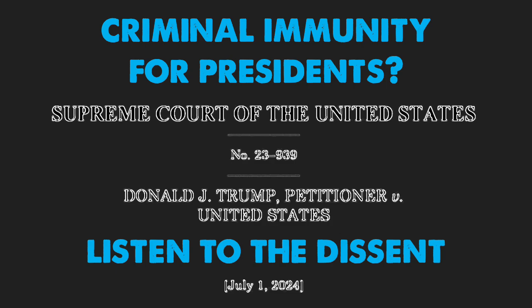It is not conceivable that a prosecution for these alleged efforts to overturn a presidential election, whether labeled official or unofficial under the majority's test, would pose any dangers of intrusion on the authority and functions of the executive branch, and the majority could have said as much. Instead, it perseverates on a threshold question that should be immaterial.